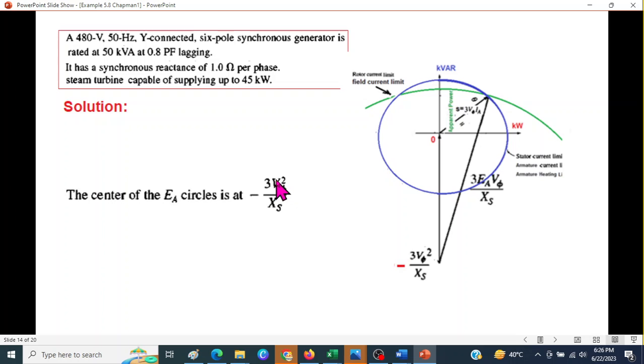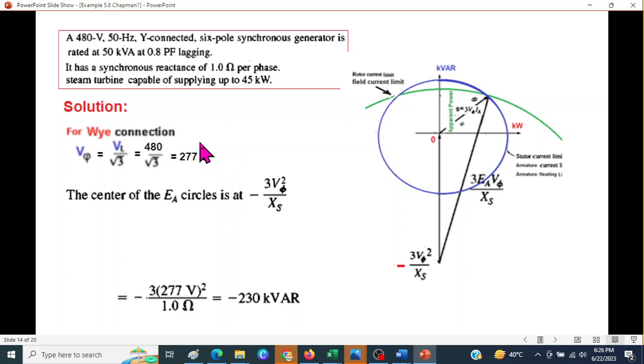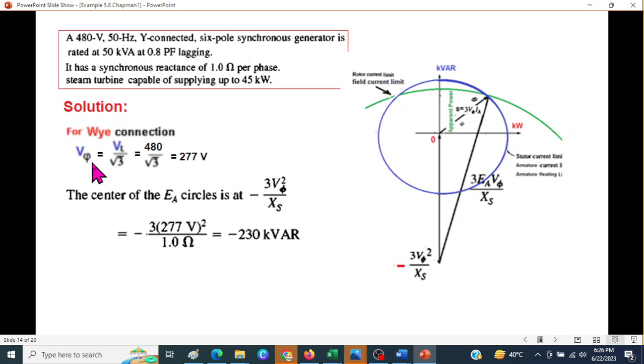We don't know V_phi, but we know the terminal voltage, and for a Y-connected generator, the relation between the terminal voltage, or line voltage VL, and the phase voltage is divided by root 3. So our V_phi will be 277 volt. Therefore, putting the value of V and X here, the center of the circle will be negative 230 kilovolt ampere reactive.